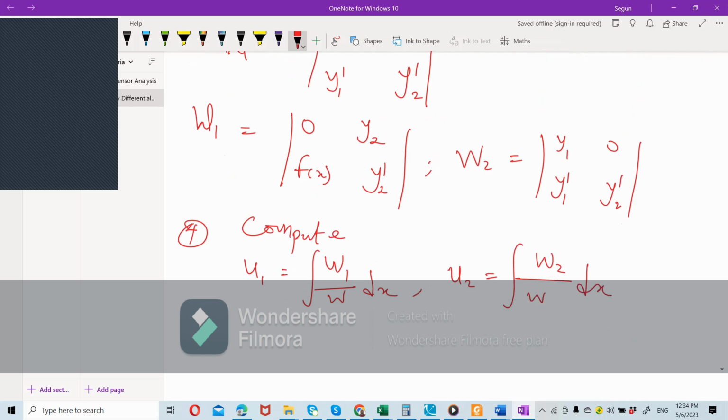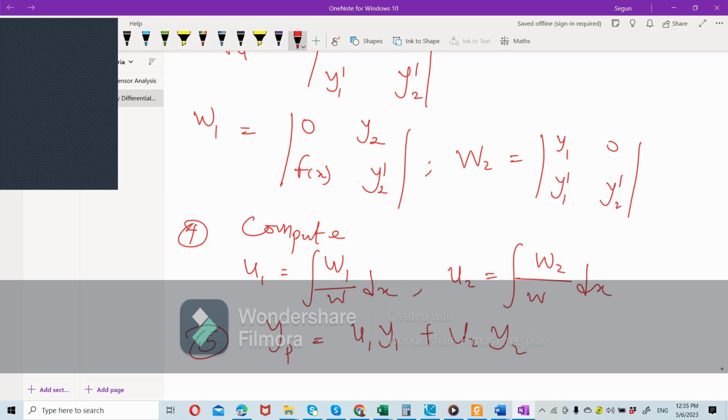Don't forget, you already have W1 here. This is your W1. This is your W2. Then number 5 is your y particular. The y particular is U1 y1 plus U2 y2. You can see the reason why you need to find the U before you solve the problem.